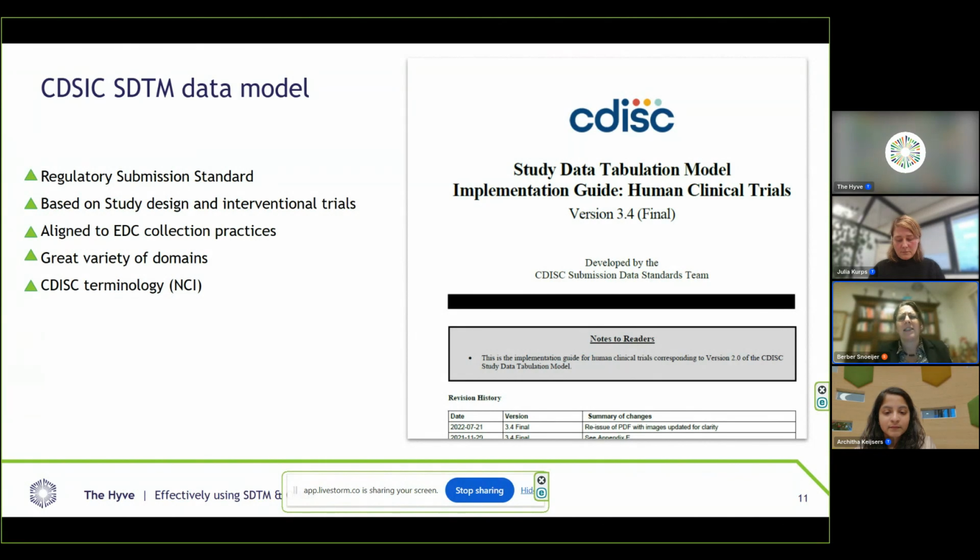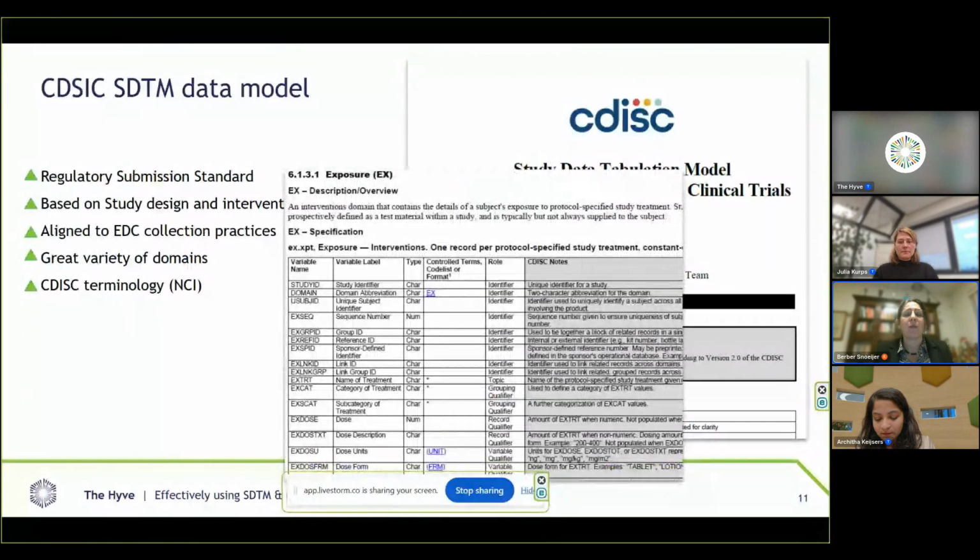The CDISC SDTM data model has a great variety of domains and is also aligned with other data models within CDISC, for example for analysis and for collection. There are different data models, but the SDTM is really the basic clinical data. For each domain, it defines the variables, the labels, and which controlled terminology lists need to be used.